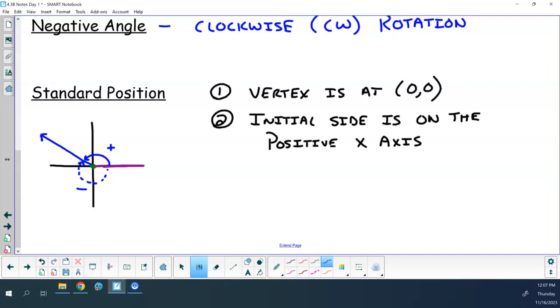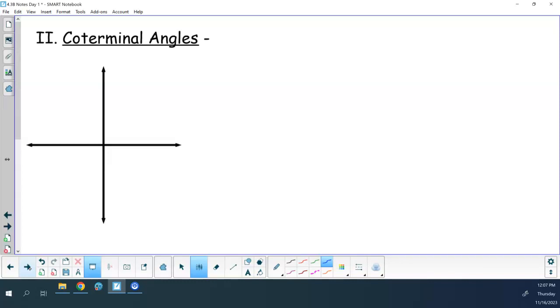Okay. All right. Now, with that being said, we also have something out there called coterminal angles.